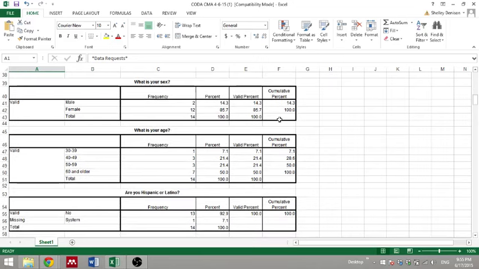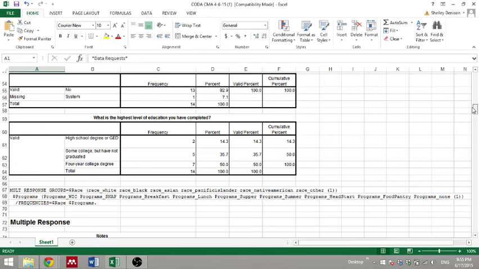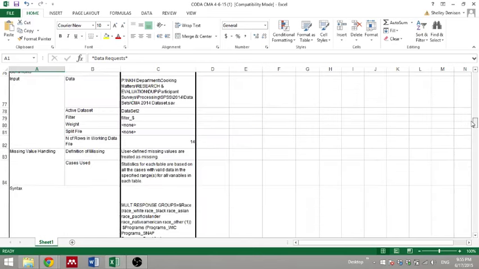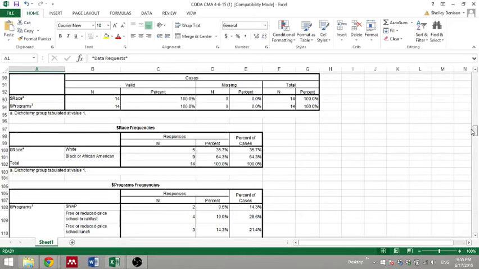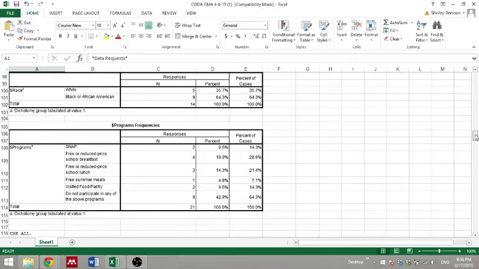So it goes down male, female, age, Hispanic or Latino, level of education, and then it goes down to race and programs that they participate in. Something that's really important to keep in mind is that because people can select multiple things on race, this number is not necessarily going to add up to the valid total, which is going to make more sense in the next video.